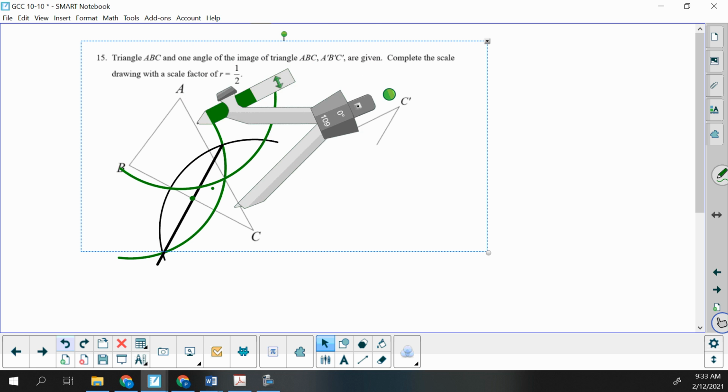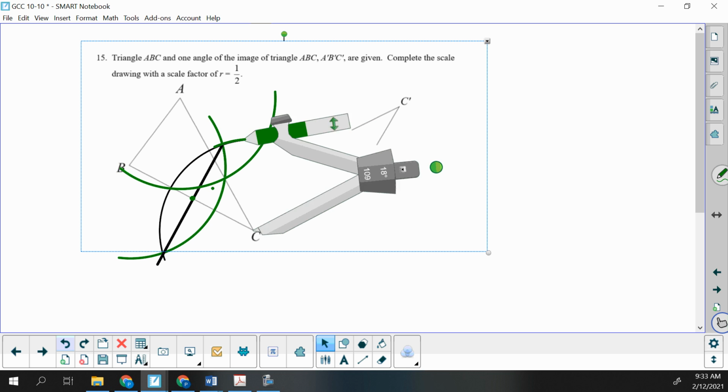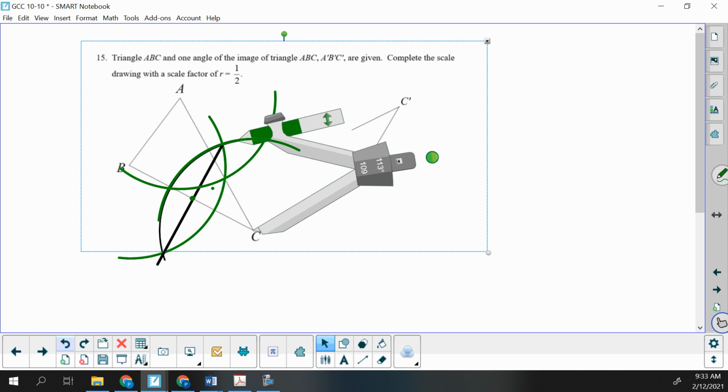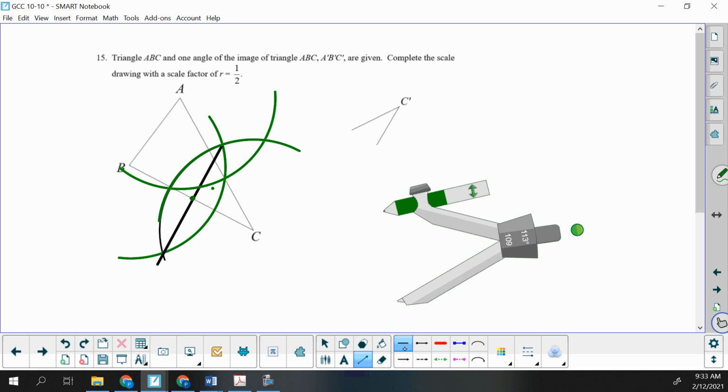And reverse it. Where those cross, with your straight edge draw. And that's now our midpoint on AC. So we got our two midpoints.